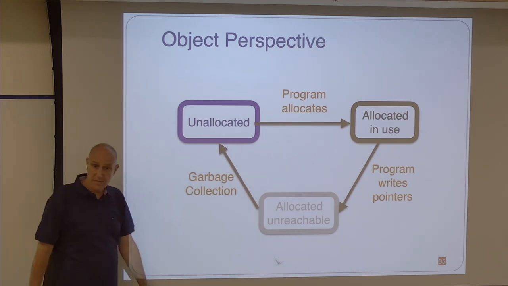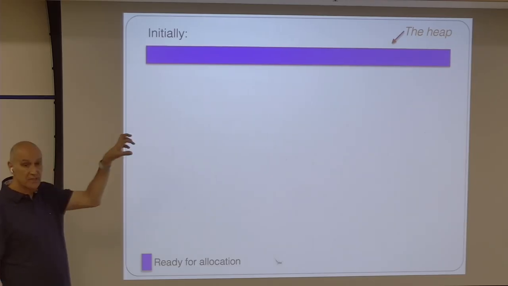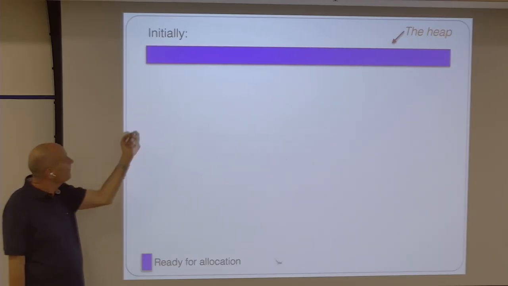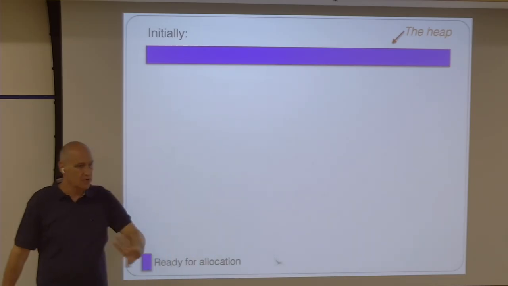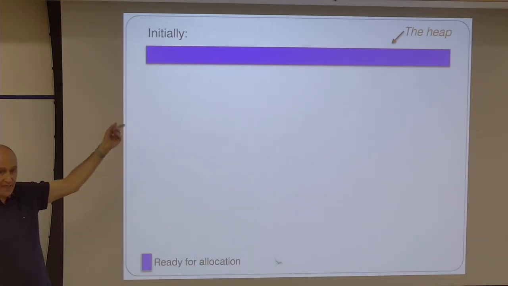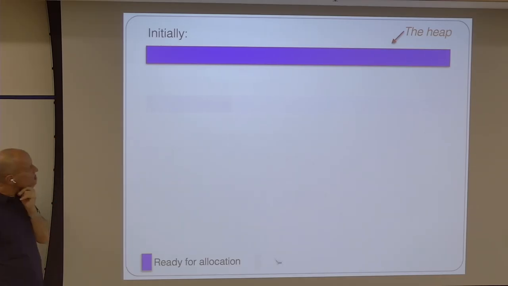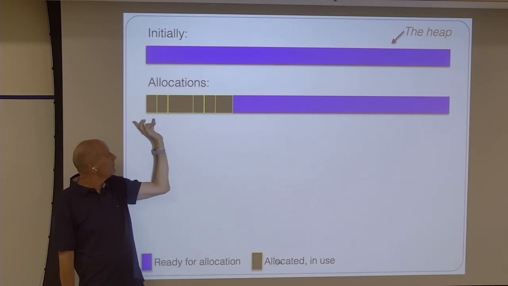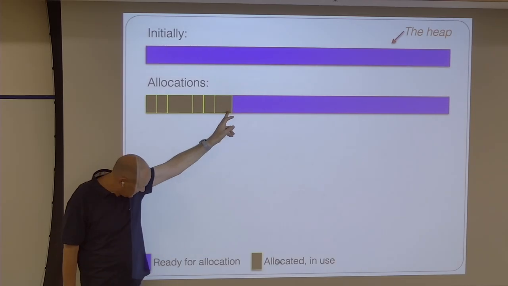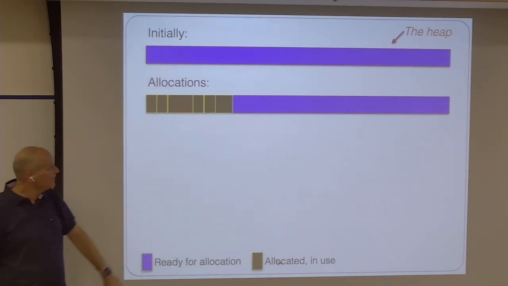Questions about this? Okay, let me look at it from the point of view of the heap. The heap initially is all unallocated, can be used for allocation completely, and I will color blue space that can be allocated. And then it starts allocating and using objects. I will color in black things that are allocated and are in use by the program.